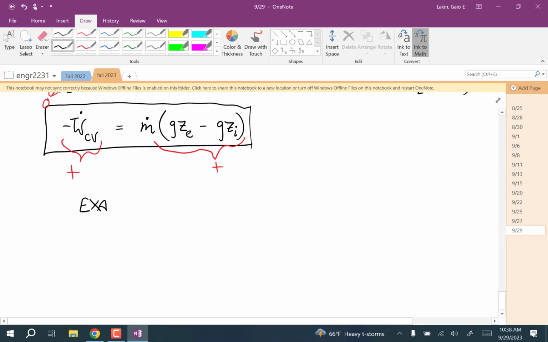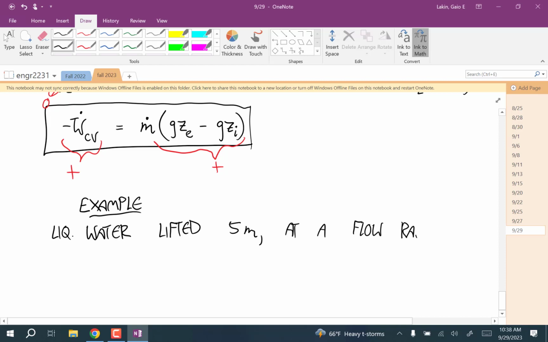Okay, so an example of this: let's say liquid water is lifted 5 meters at a flow rate of 0.5 kilograms per second.